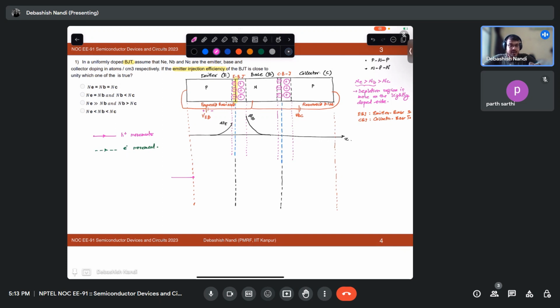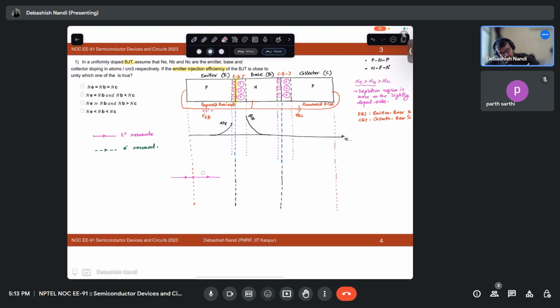It will attract the electrons towards it, or we can assume it is injecting excess holes to the p side region. Due to this injection of holes, there will be a certain amount of current.